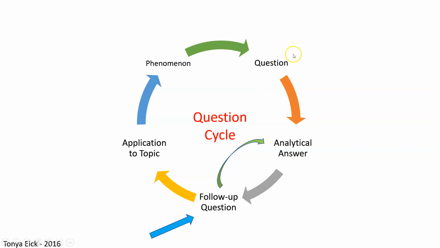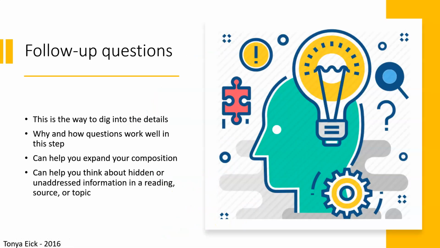That research question gave us an analytical answer that might be very straightforward and simple. But what we want to do is get into the details. We want to get more complex with those follow-up questions. This is our way to dig into the details. So the more questions we ask, the more details we're able to express, or flesh out of a reading.